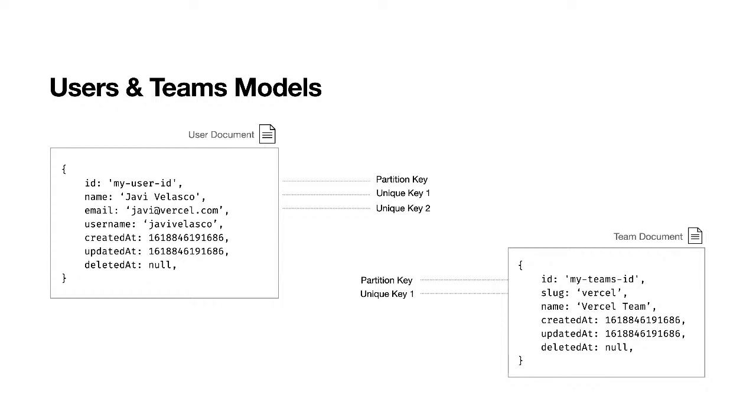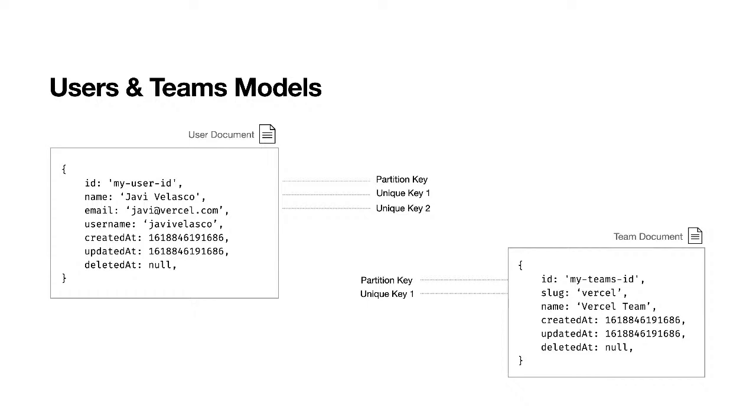The user is going to hold some data that in a relational database would be primary keys, like values that are unique to the system and can be used to index the entity. On the other hand, you have a team that also has a couple of keys, like the ID and the slug.